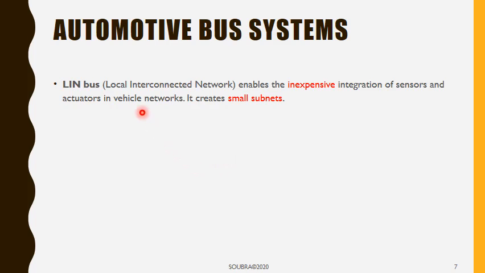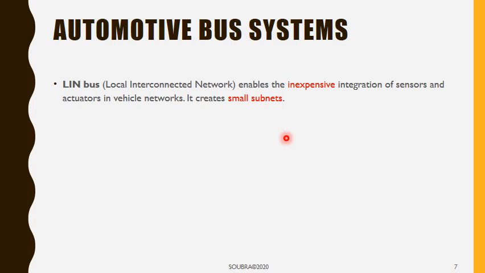LIN bus, aka Local Interconnect Network. This is what enables the connection of sensors and actuators in a small subnet, right? So this could be a small network or small bus used to connect and integrate the different sensors and actuators in an inexpensive manner.